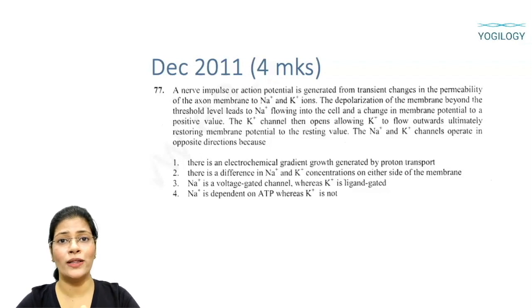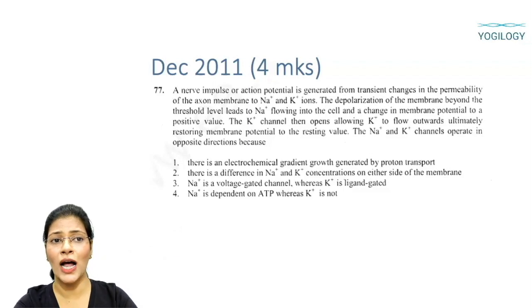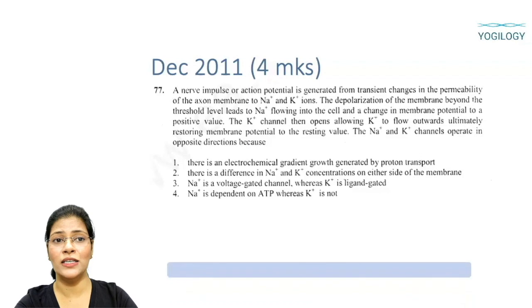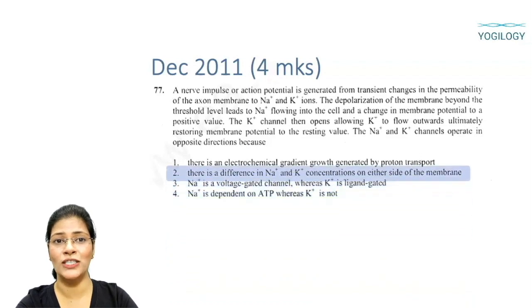So whether it operates in action potential or resting potential, the movement of ions will always be because of the concentration difference. So the answer over here is: there is a difference in sodium and potassium concentration on either side of the membrane.